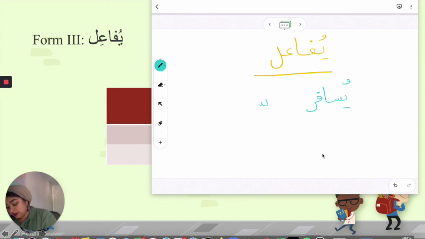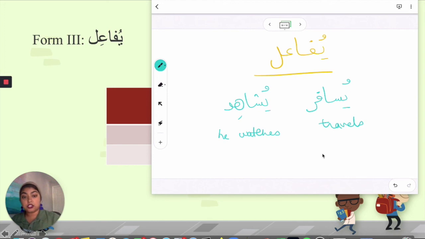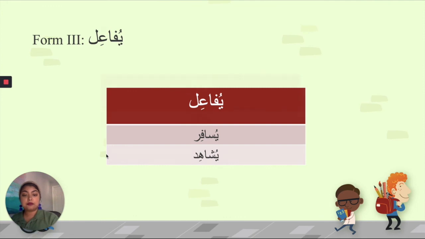Another verb that follows this, we haven't covered this yet, but I'm just giving it to you as an example. Yushahid means he watches. When you watch, you're watching something. Watch TV. Watch the kids. Watch the game. There's something else involved. Okay, so that's Form 3.